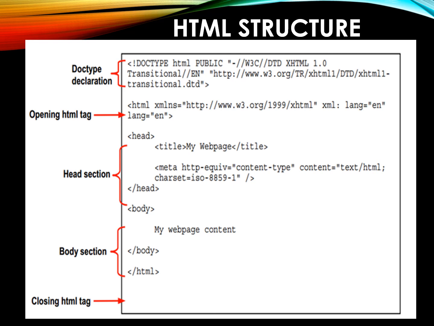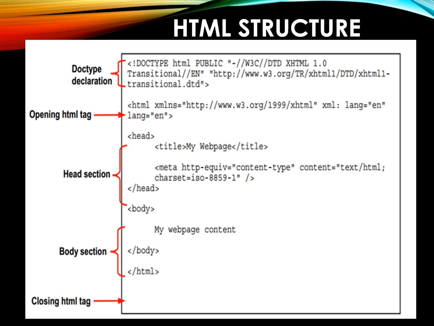In the body part we are including our details. Whatever you want to include, the paragraphs or the pictures, they are all included in the body section. After you include all your contents in the body, you close the body tag, right? You can see the opening body tag and the closing one.